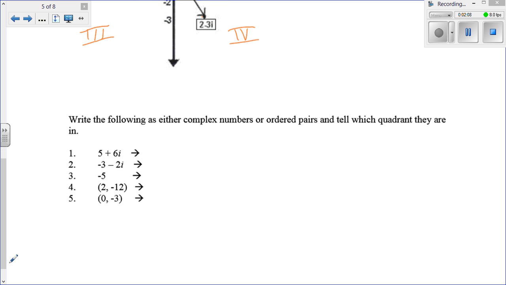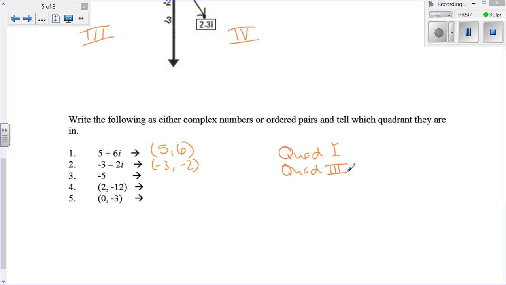Write the following as either complex numbers or ordered pairs and tell which quadrant they are in. So we have 5 plus 6i, which we would simply write as (5, 6), and that would be in quadrant 1. Negative 3 minus 2i is the point (-3, -2), and that would put me in quadrant 3.